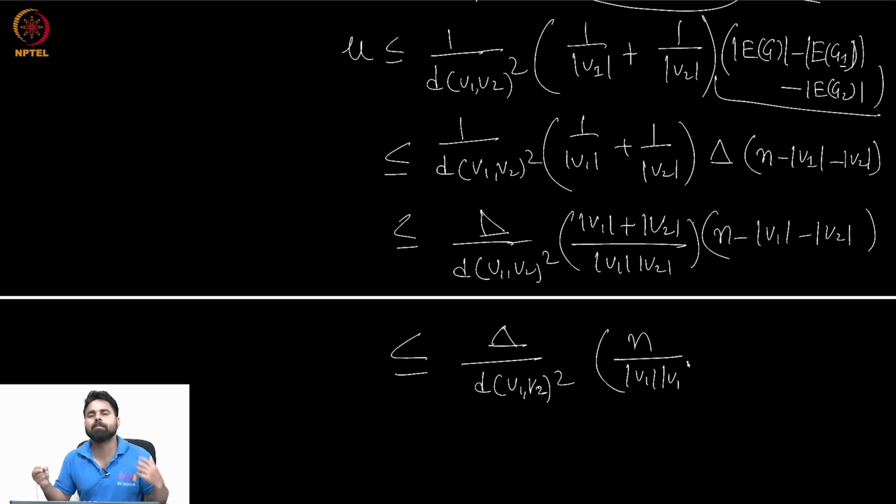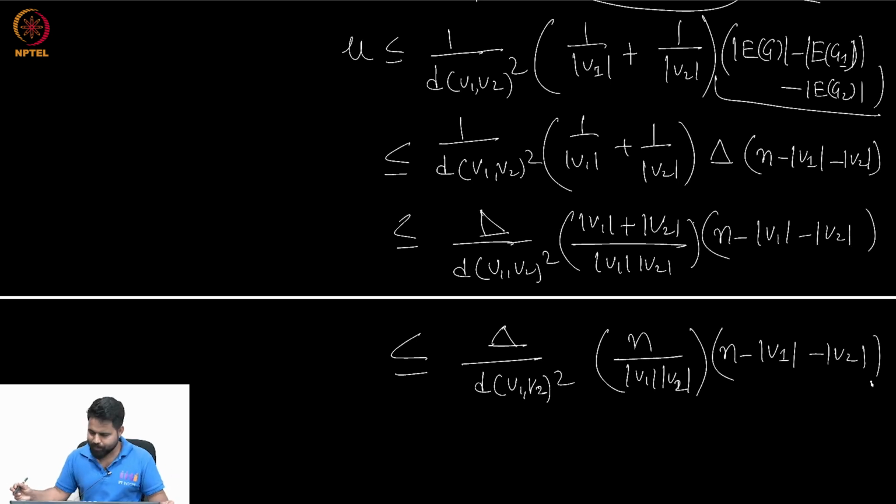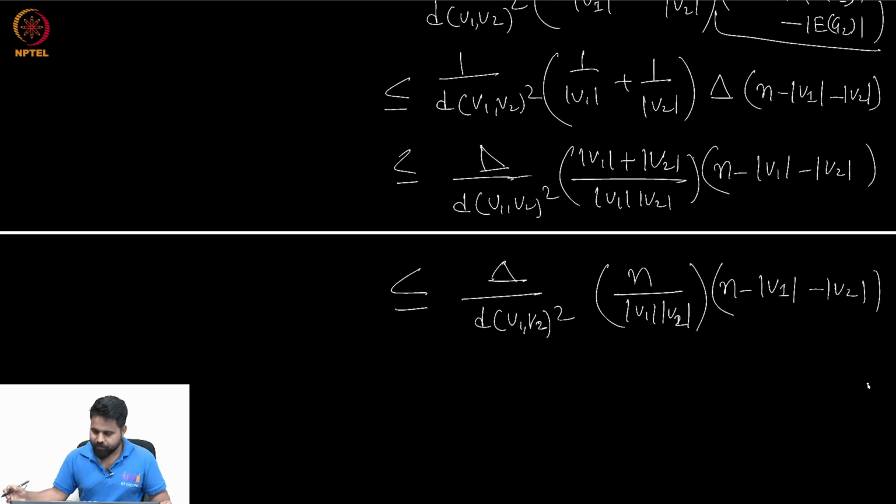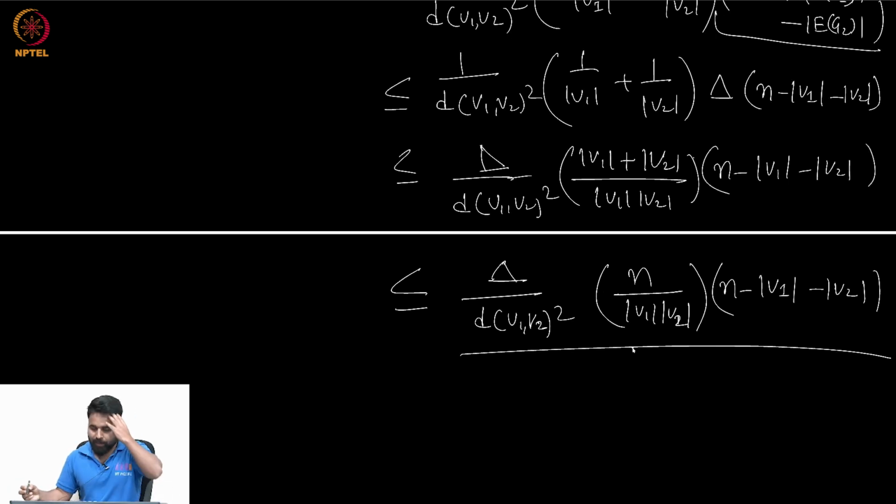V1 and V2 need not cover all the vertices, the only thing is they have to be this, right. Very good. So this we have proven, a very simple step. So that's all, it proves it.